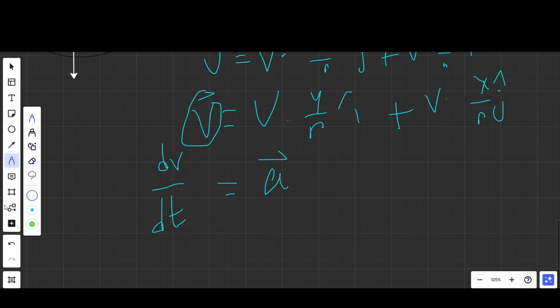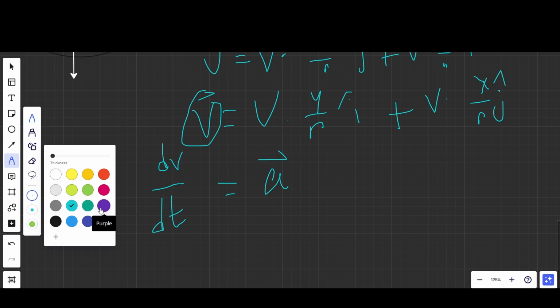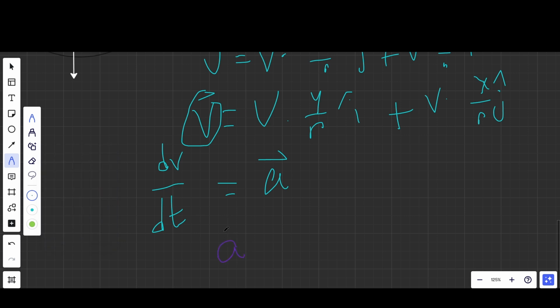Let's do it in a different color, say purple. The acceleration will be equal to V over R, and we take the derivative of y, because these are constant and y is changing, so the derivative of y is just Vy.